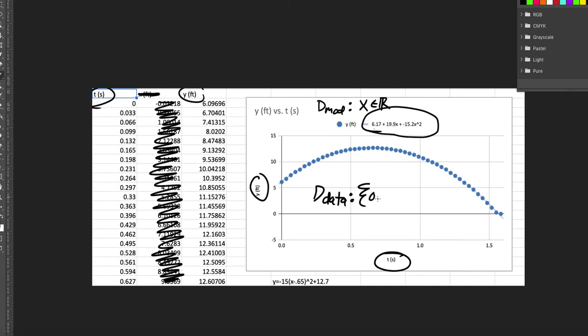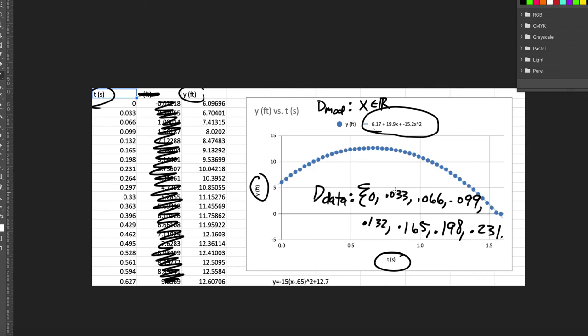So in this one, it's 0, and then 0.033, and then 0.066, and then 0.099. So that's 1, 2, 3, 4, and then 0.132, 0.165, 0.198, 0.231.